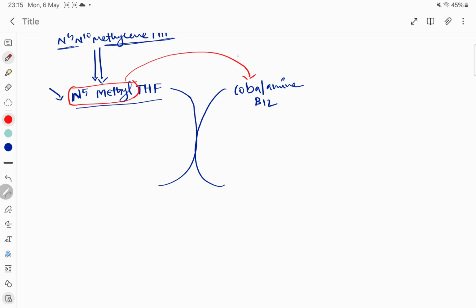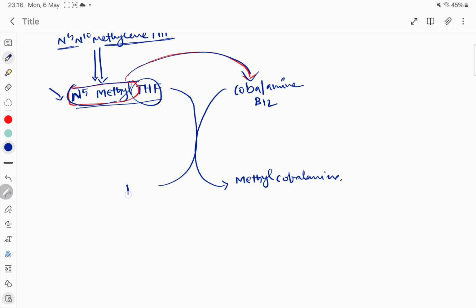As soon as this methyl group is taken up, the cobalamin will be converted to methylcobalamin. Simple logic: when you give a methyl group to cobalamin, it is converted to methylcobalamin. That's all.